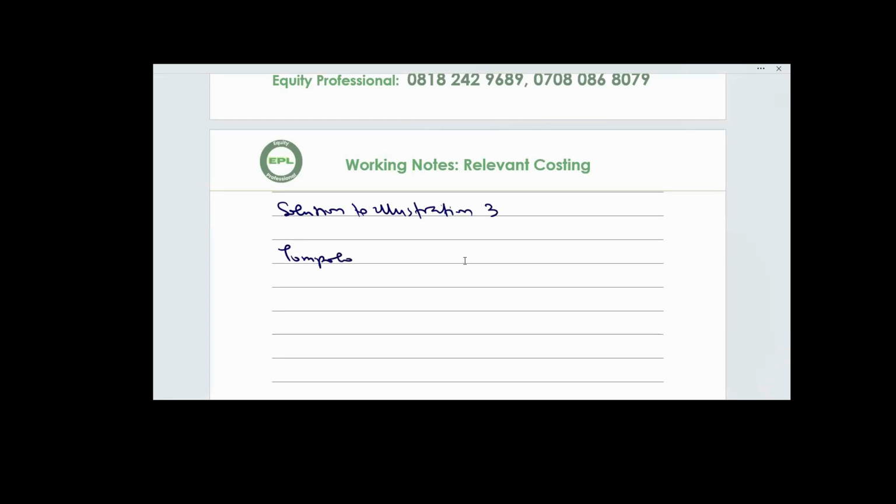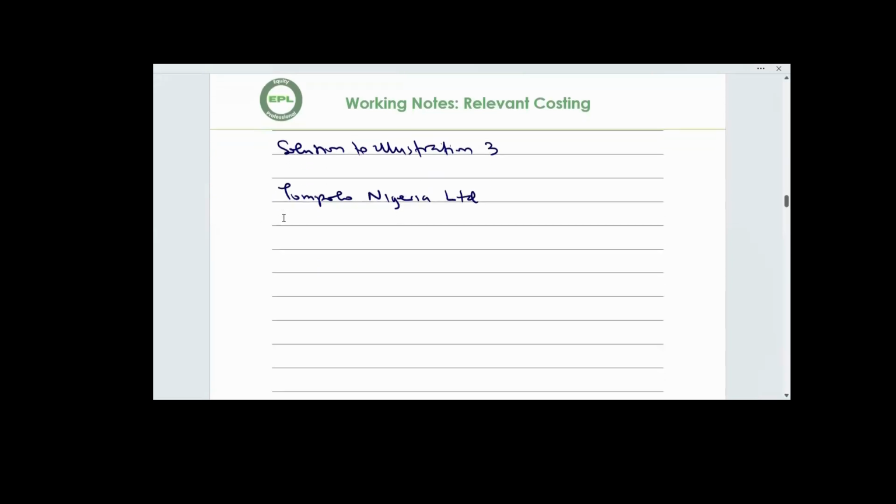Is it a PSC or Tompolo Nigeria Limited? Okay, number A, requirements. You have to determine relevant cost. I would then say calculating relevant cost. So I can stop there, or you can say calculate relevant cost for building the new engine, or just say calculate relevant cost. Stop there.